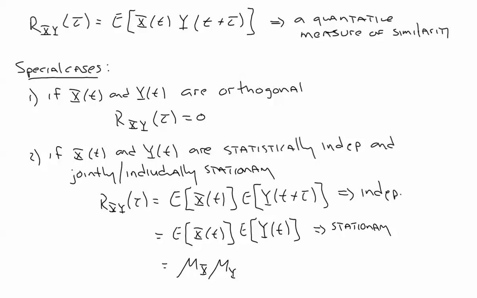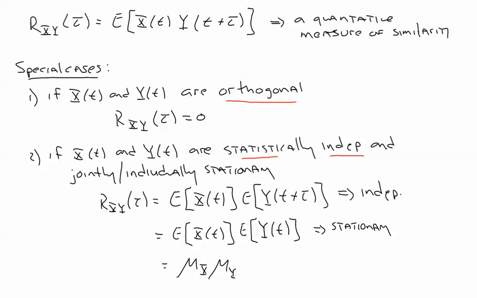So statistical independence does not necessarily mean orthogonal. Okay? If I have statistically independent random processes, at least one of which has 0 mean, then my processes are indeed both statistically independent and orthogonal. But orthogonality doesn't necessarily mean statistical independence and vice versa.